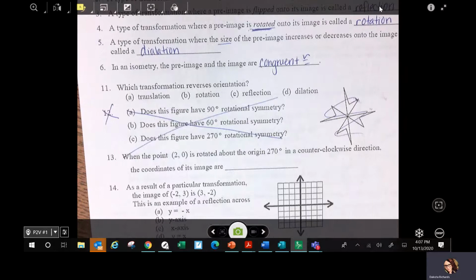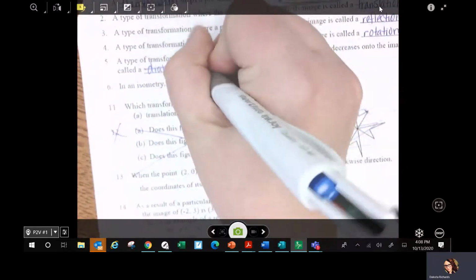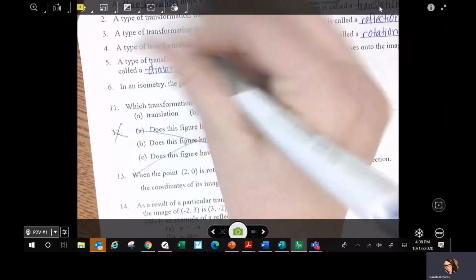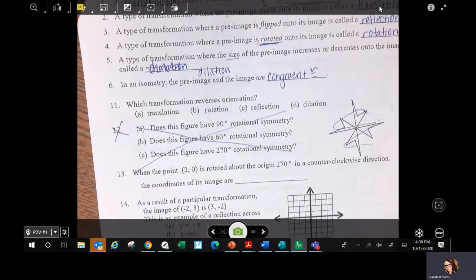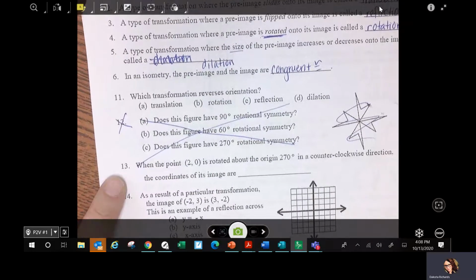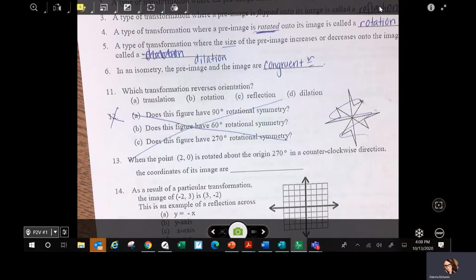Number 13. So when the point (2, 0) is rotated about the origin 270 degrees, okay, sorry, I'm going to fix something. I put an extra A in dilation. It should just be dilation. Sorry about that. So back to number 13, when the point (2, 0) is rotated about the origin 270 degrees in a counterclockwise direction, the coordinates of its image are, well, you need to look at your rules.